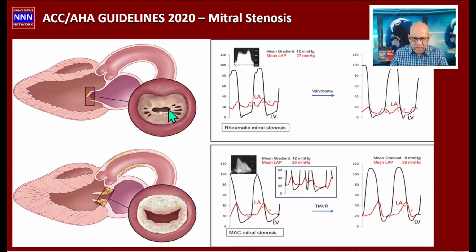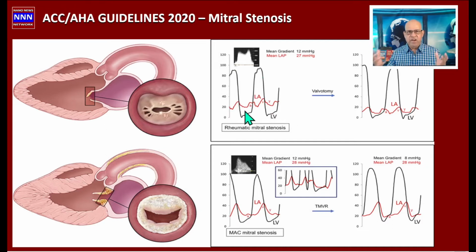Because of this adherence, calcification, fibrosis, nodules, and narrowing of the valve, we get a gradient which is recorded by monitoring the hemodynamic pressure in the left atrium, or using a capillary wedge pressure as a surrogate of left atrial pressure, and comparing that with the left ventricular end diastolic pressure, and we see this gradient here.